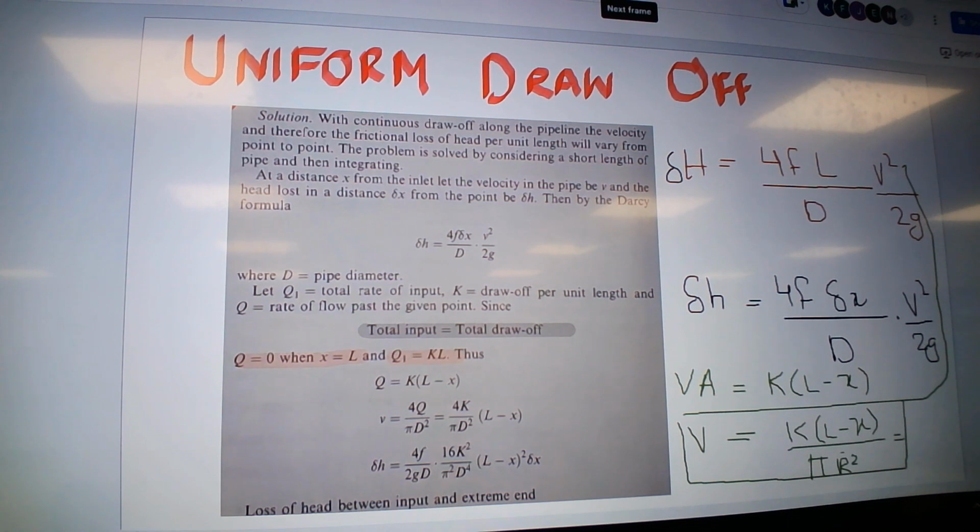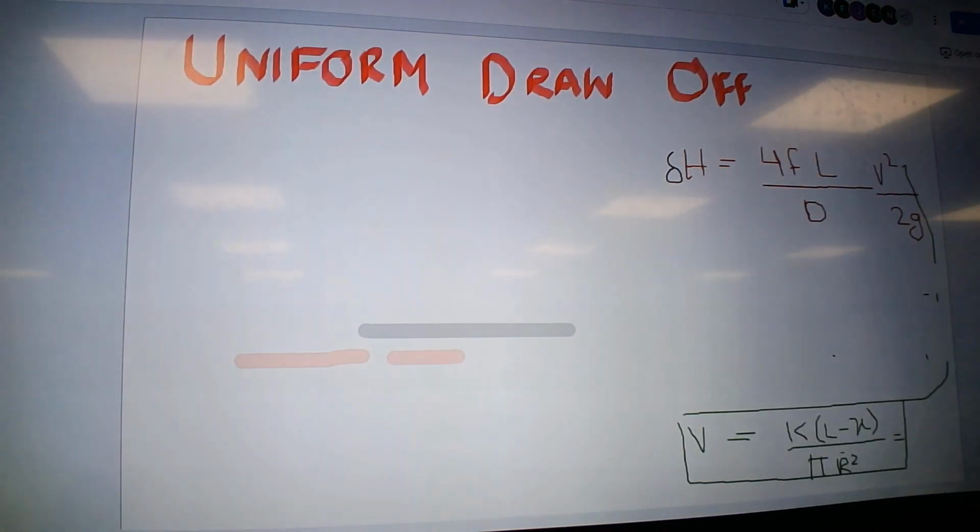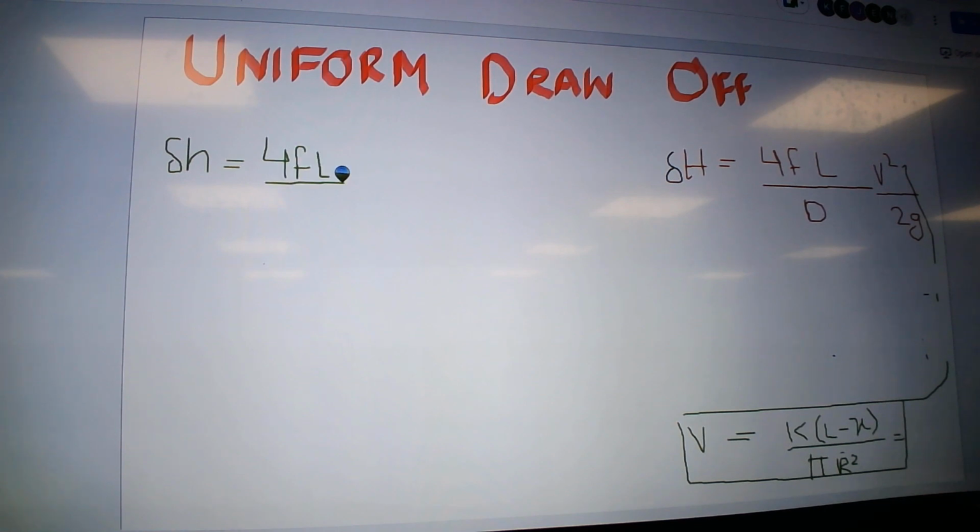So if you go to the next slide, please. Okay, yeah, that one. Now I need to put that v square over there. So that will become delta h equals 4fl over d.